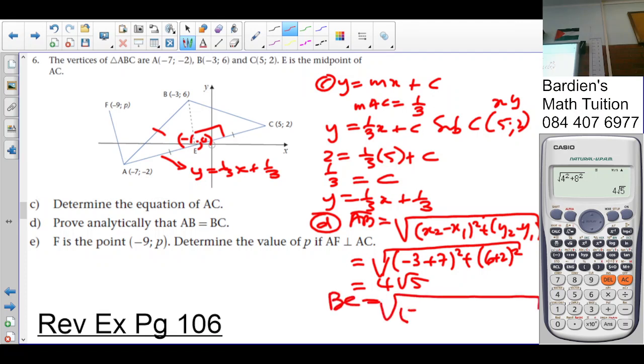It's going to be minus 3 minus 5 squared plus 6 minus 2 squared. That gives us the square root of 8 squared plus 4 squared. So also 4 root 5. Okay, and then therefore, in conclusion, BC is equal to AB, which is equal to 4 root 5. Okay?